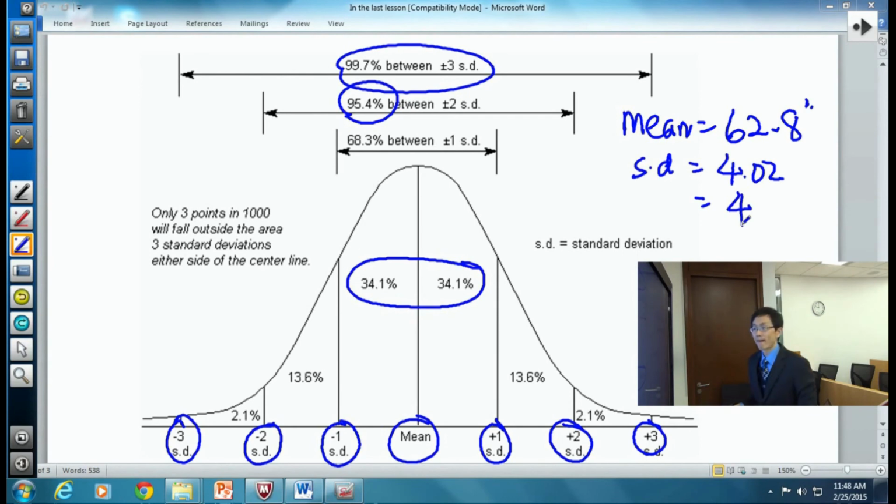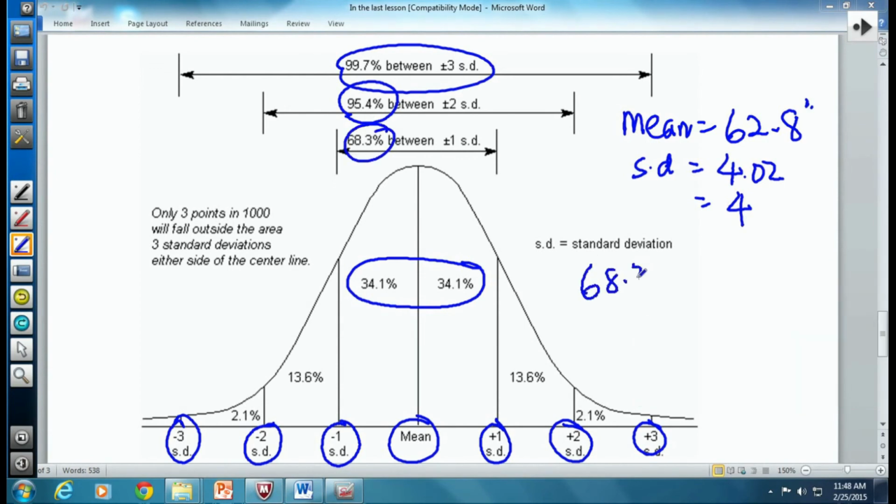Right. Now, using this information, we can say that 68.3% of heights will be between 62.8 plus minus 4. What does it mean?